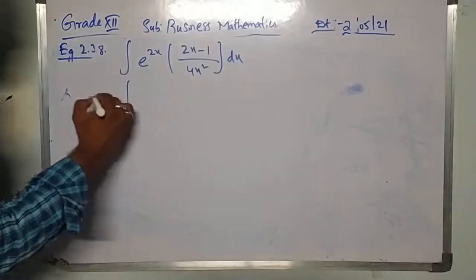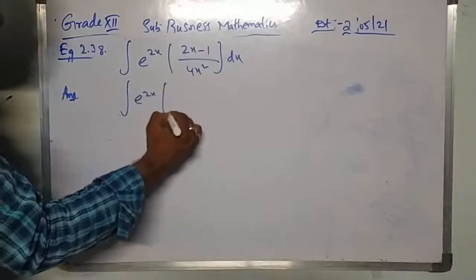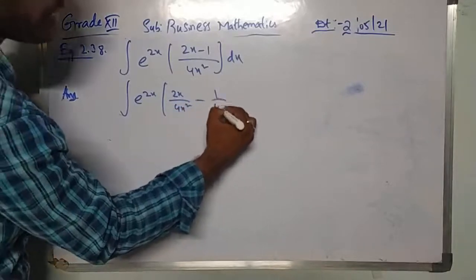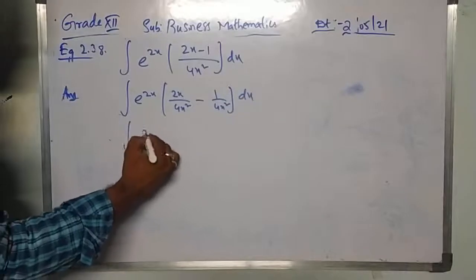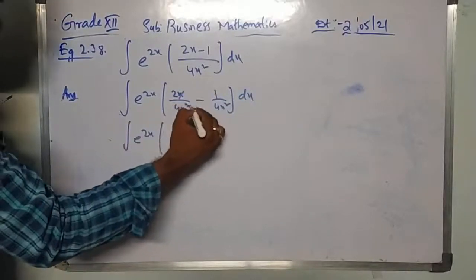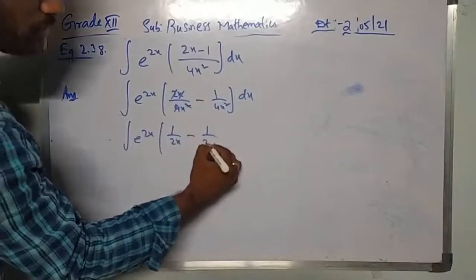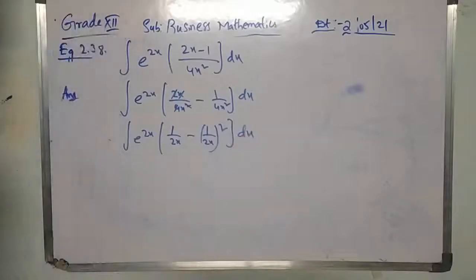Integral e power 2x, (2x by 4x square minus 1 by 4x square) dx. So integral e power 2x, x square gets cancelled, 1 by 2x minus 1 by 2x whole square dx.